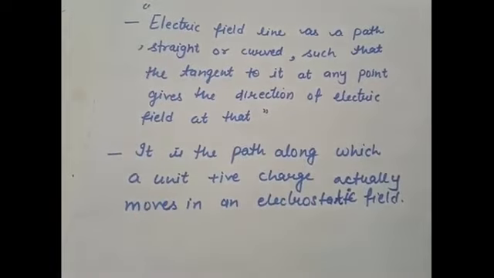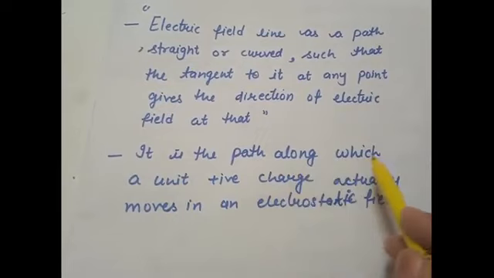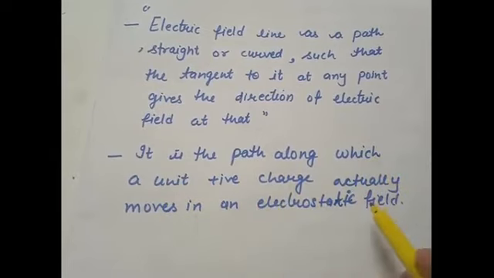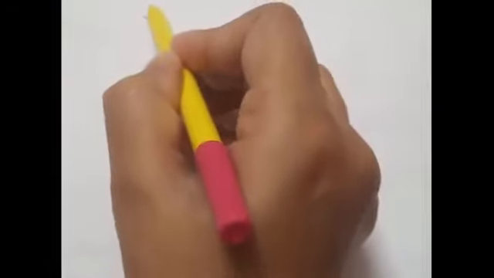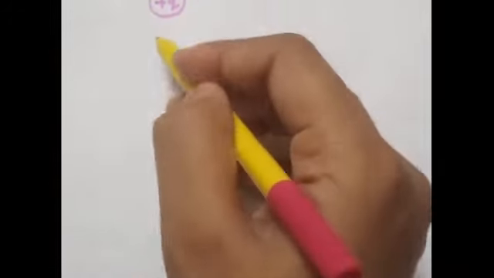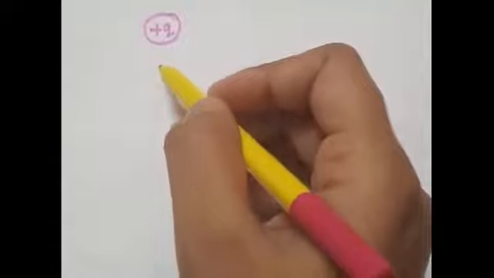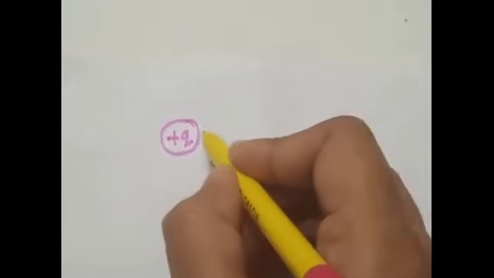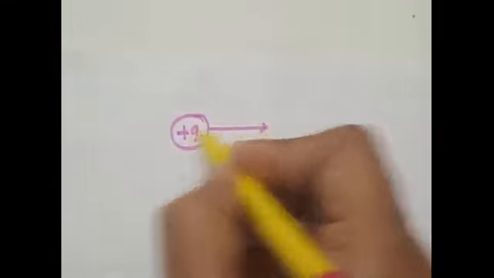We can also simply say that it is the path along which a unit positive charge actually moves in an electrostatic field. So in case of a positive point charge, let's say it is plus Q, the electric field lines will be radially outward.